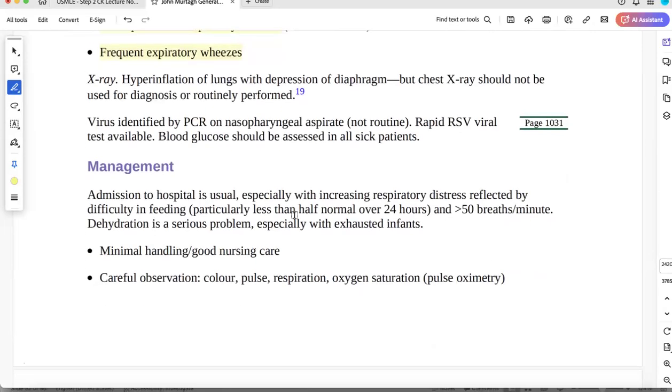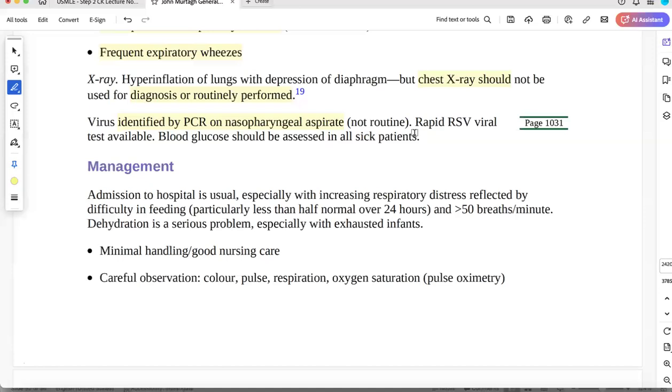Now, because bronchiolitis is a viral infection, you don't really need to do any investigation to confirm this. You can do a chest x-ray, but chest x-ray should not be routinely performed. You can do a nasopharyngeal swab, but it's not routine.